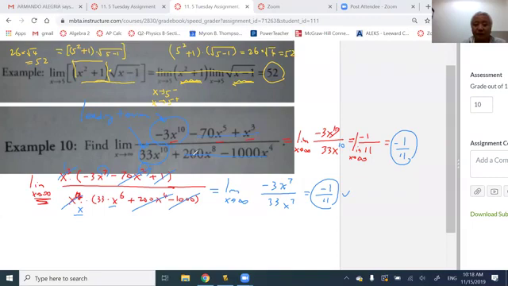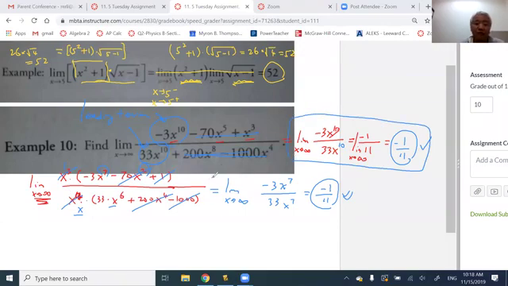We cross them out, no need. So we have this one over this one. And then both of them got 10 as the power, you can cancel. And then what's left over is this. And if you go longer where you factor it out, you still do the canceling and drop off the lower terms, you still get the same. But I think this is the best way to do this kind of question, okay?